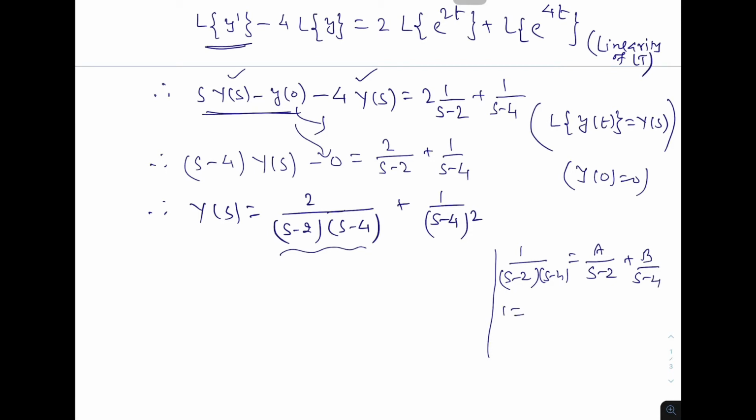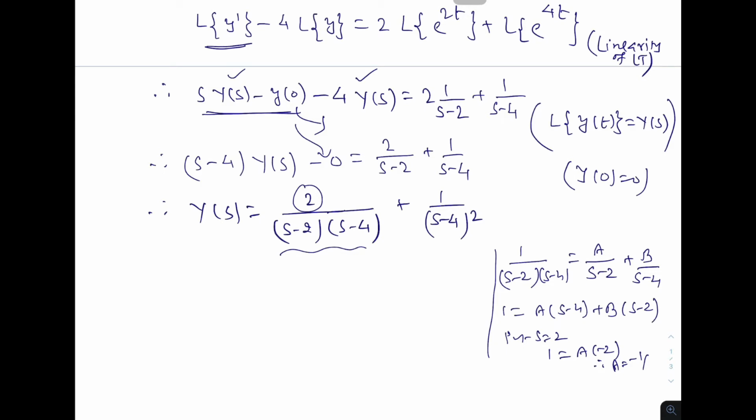So this is 1 equal to A into s minus 4 plus B into s minus 2. If I take s to be 2, then this is 1 equal to A into minus 2, so A is minus 1 by 2.